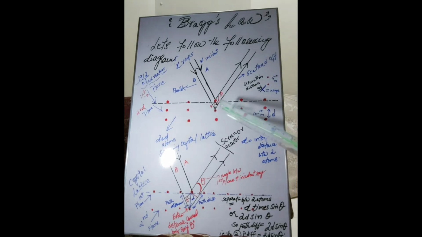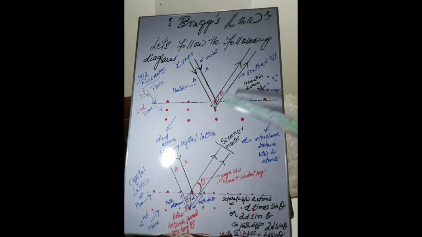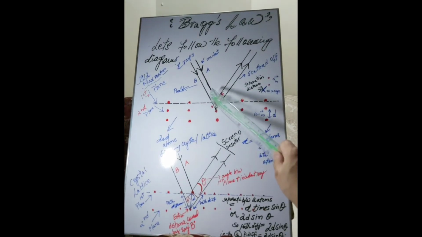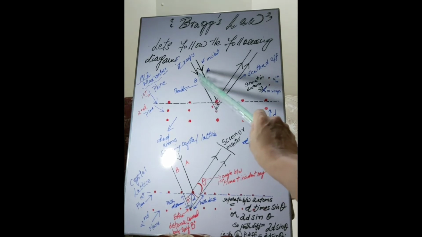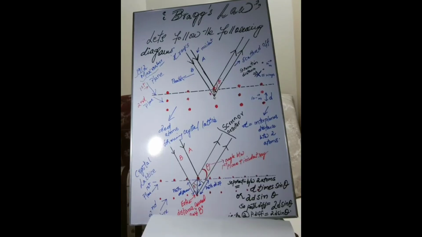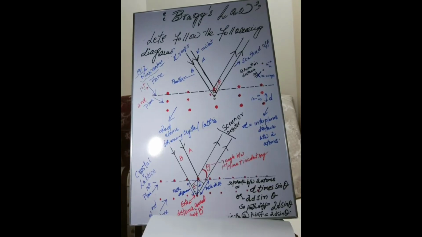The wave B traveled an extra distance. So this distance from here to here is extra traveled by this ray B, right? So this to this and this to this is the path difference, which X-ray B traveled extra. So we were just discussing Bragg's law.